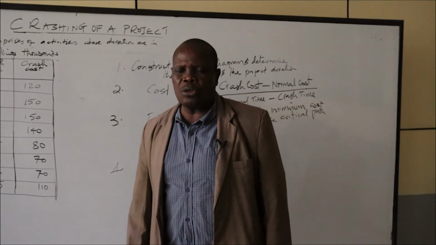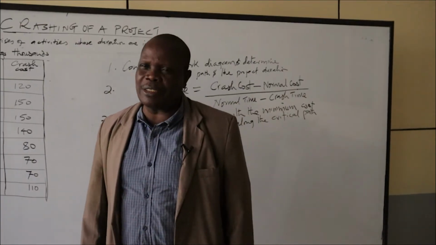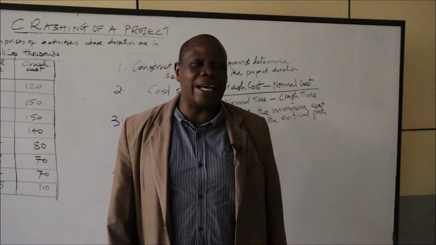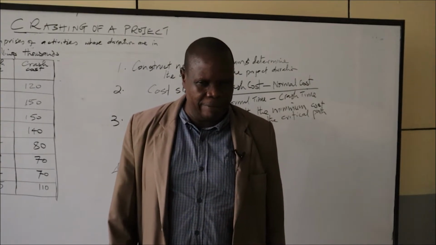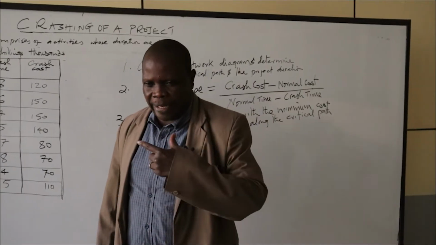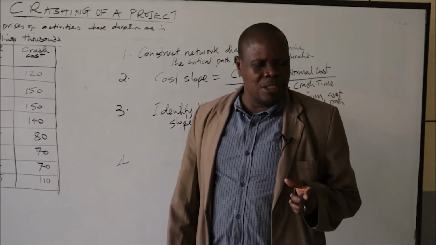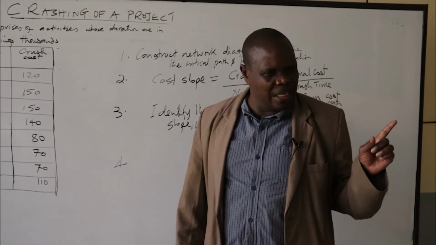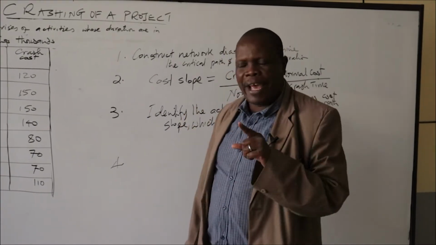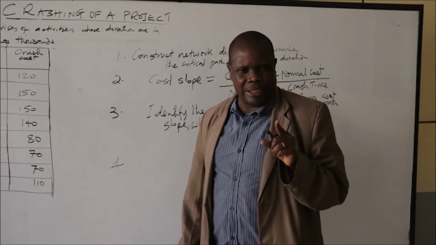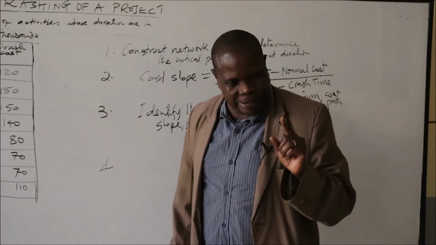Then step number 4, calculate the total normal cost of the project. The total normal cost of the project is the total direct cost for all the activities in the project. We have direct cost and we have indirect cost. The indirect costs are the costs of administration and other overhead expenses. But here we only go for the direct cost for each activity, that is the cost which is incurred in performance or completion of an activity.